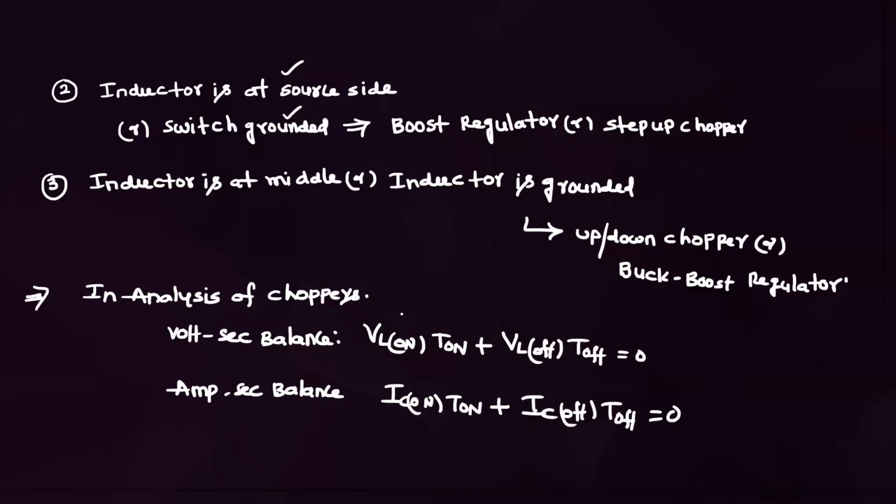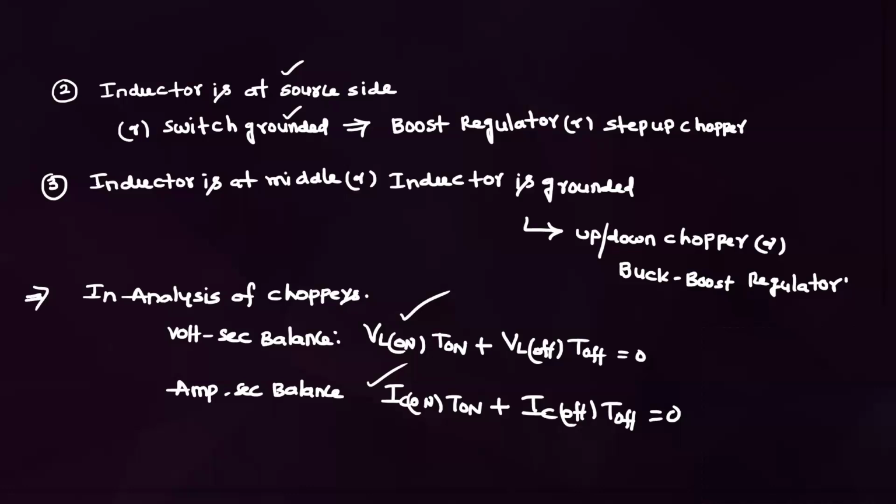Students, for the 3 choppers, step down chopper, step up chopper, up down chopper, you can get 15 to 16 formulas for each, so 40 to 45 formulas in total. But don't think, sir, how do I remember that many formulas. Just practice whatever questions I am giving, then you can easily remember.